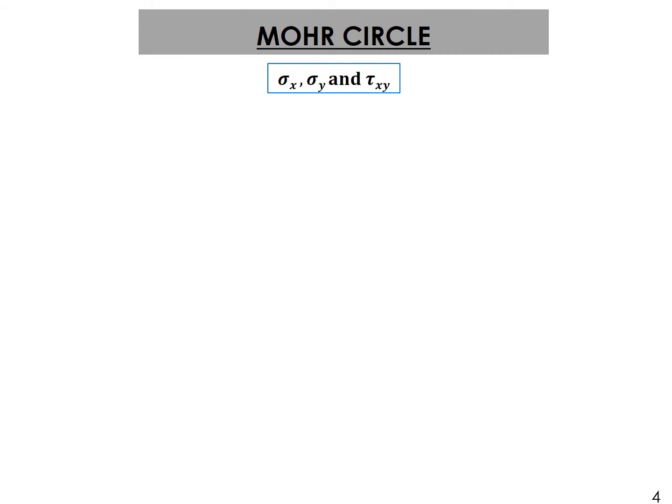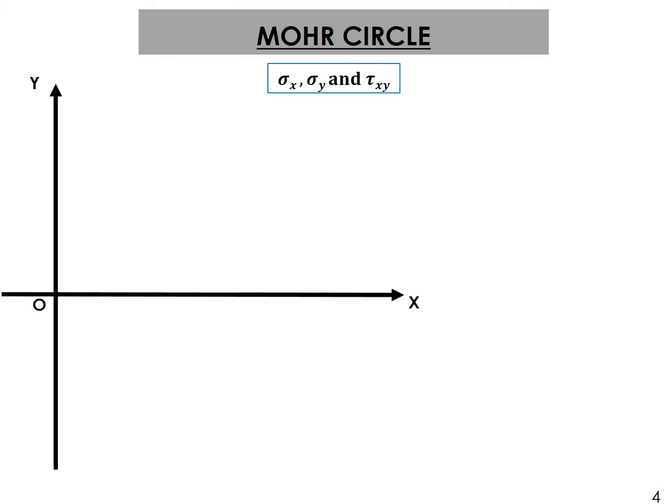Also in case of Mohr circle, we need to have some basic values. Again the same: sigma x, sigma y and tau xy. Using these values, we have to draw the Mohr circle. I will just discuss how to draw it. First of all, let's take coordinate axes, OX and OY.